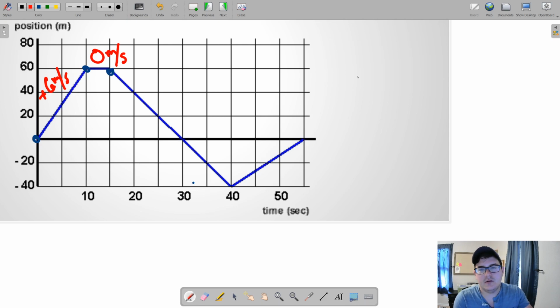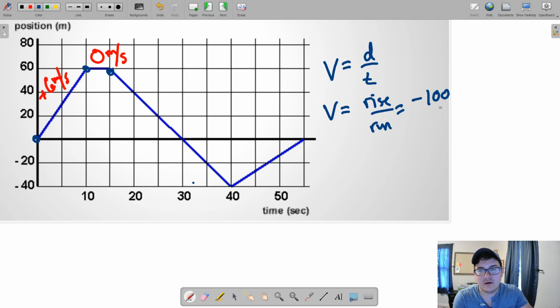Okay. What I'm going to do now is I'm going to look at velocity, which is the slope, displacement over time. So the velocity is displacement went from positive 60 to negative 40. So what was my rise here? My rise over my run. Well, I went down 100. Because I went from 60 to 0, which is 60, and 0 to negative 40.